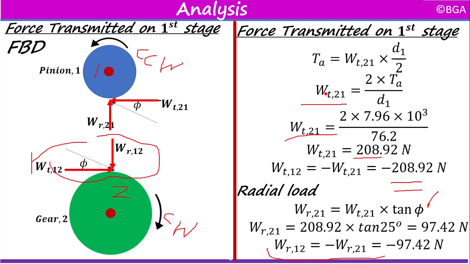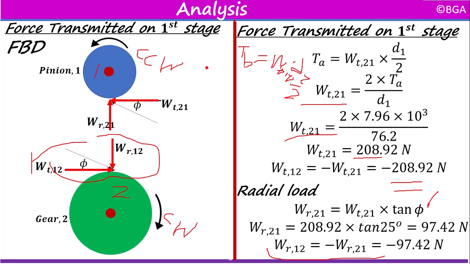To calculate WT21, you may also use gear 2. It's possible to use gear 2. That means, for example, torque on shaft B is equal to the transmitted load WT12 multiplied by D2, the diameter of gear 2, divided by 2.